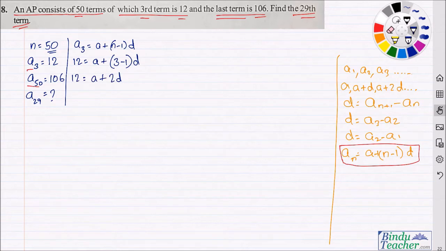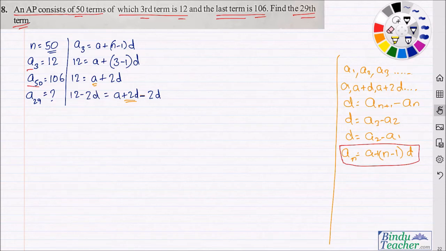Now what I want to do is keep A on one side and remove everything else. So how can we do that? First I will write the equation as this, 12 equals A plus 2D. Since I want to remove the 2D, I will add a minus 2D. Whatever I do on the right hand side of the equation should be repeated on the left hand side of the equation.